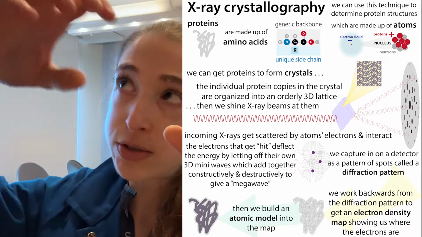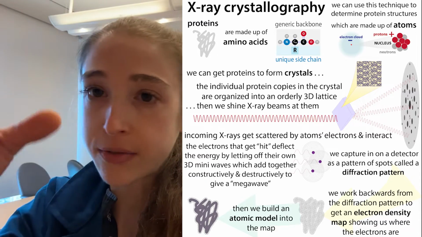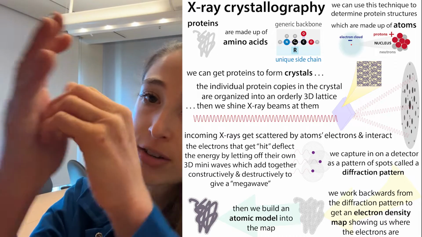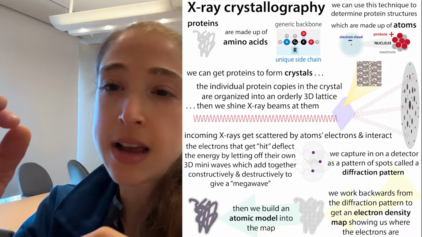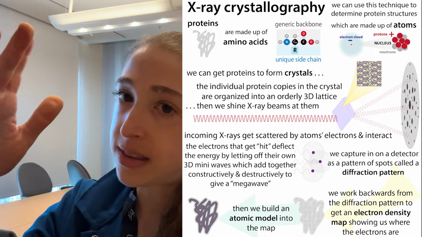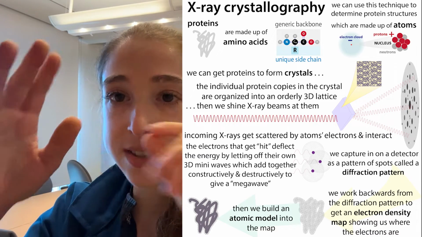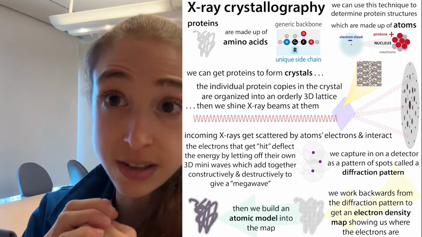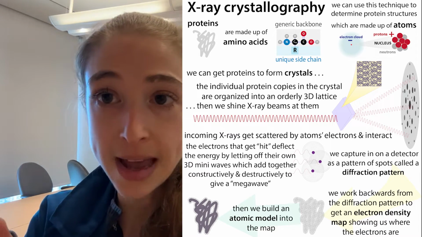So basically you have these repeating units of these protein or whatever it is over space, and then you shoot x-rays at them, and those x-rays, they bounce off the molecules. It's not quite that simple, but you can think of it kind of like that. And then you end up with these diffracted waves. So the x-rays, they interact with one another, and then you get this pattern of spots called the diffraction pattern, and you work backwards from that.